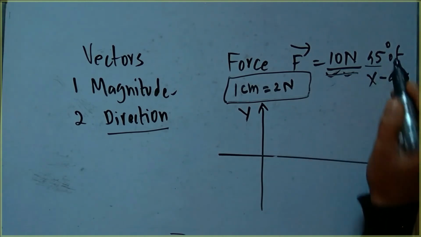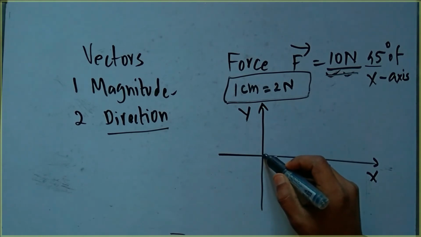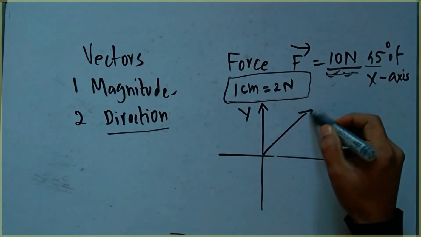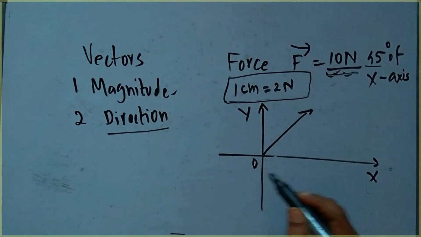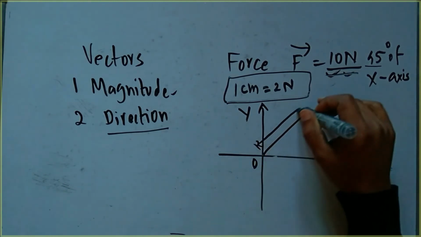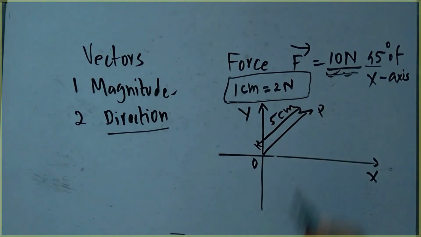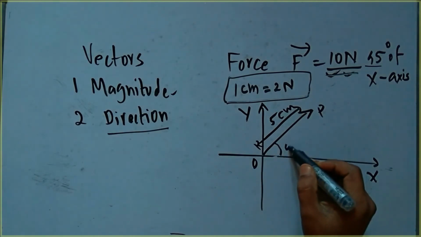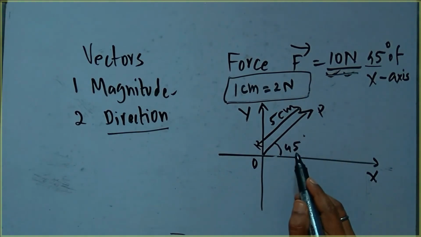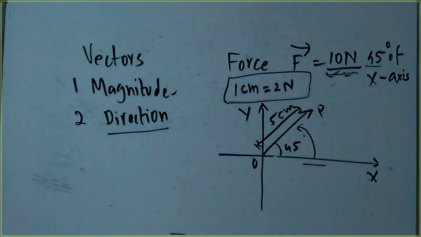So we have 45 degree, which is positive angle. Let this be O, let this be P, and this length to be 5 centimeter. Now this angle has to be 45 degree because this is positive angle anti-clockwise of x-axis.